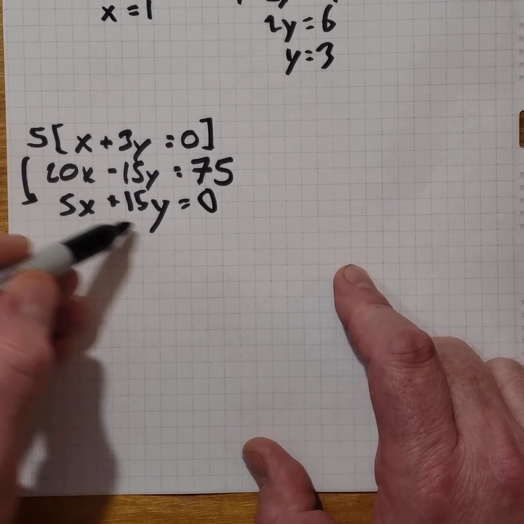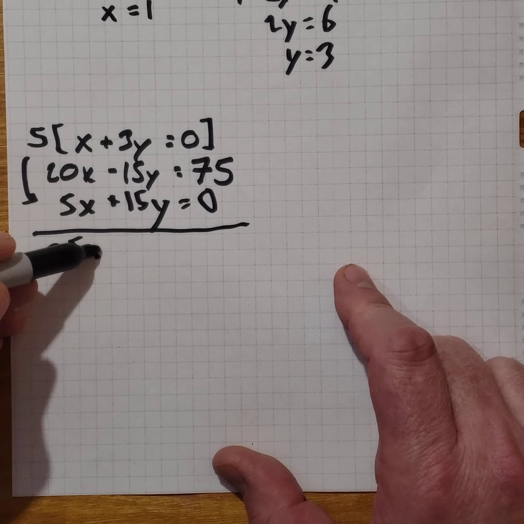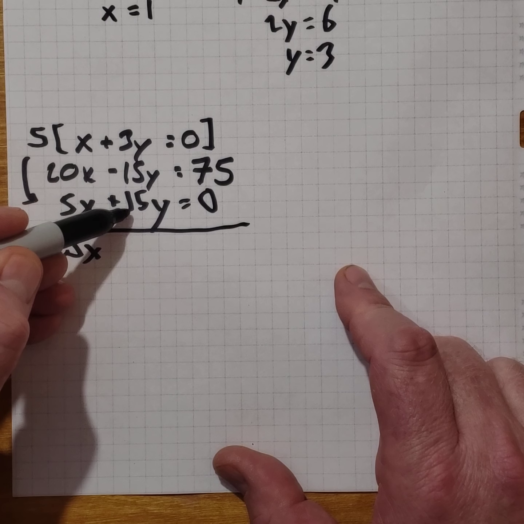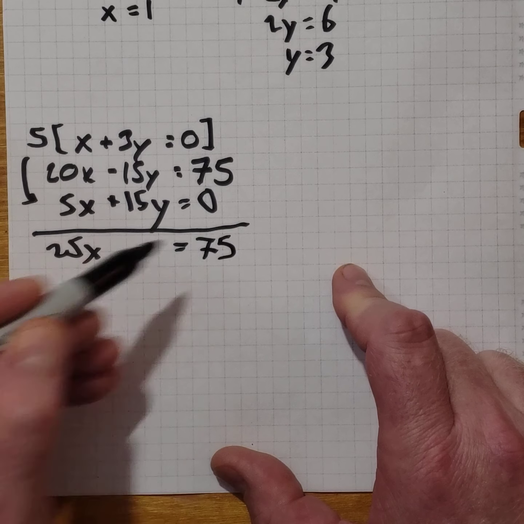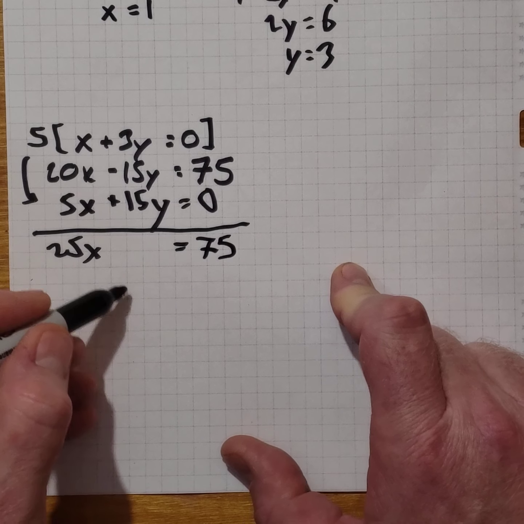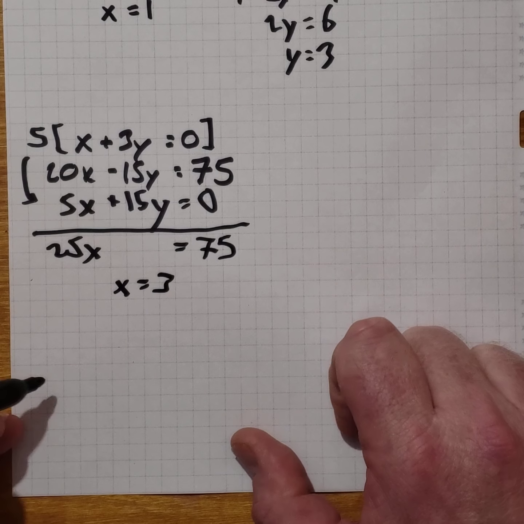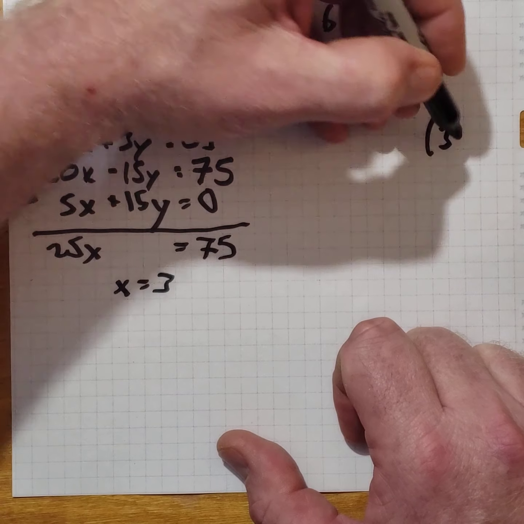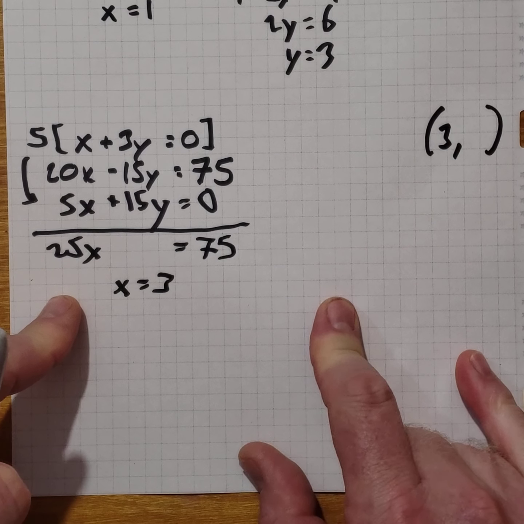So I multiply the top equation by 5. Now I've got that situation where if I add these together, I'll get 25x. The 15y and the minus 15y will cancel, and 75 plus 0 is just 75. Divide both sides by 25, and I get x is equal to 3. Okay, so I've got my x value. We just need to go back and find what y is.